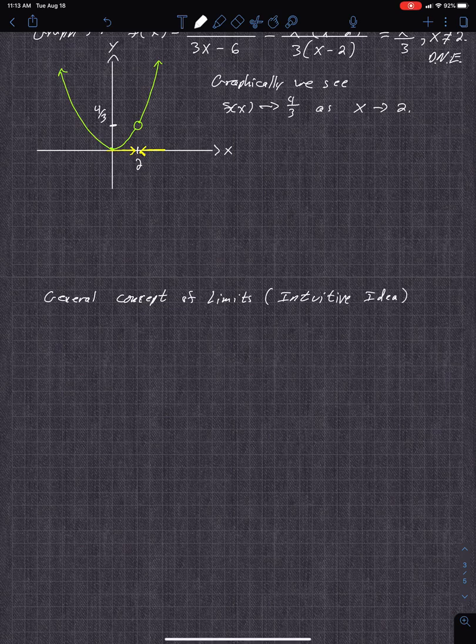So one is kind of what I've been saying. Let me move this up so you can see it better as we write. So we want to know as x gets close, and we'll define closeness later, as x gets close to a, but not equal to a, but x does not equal a.